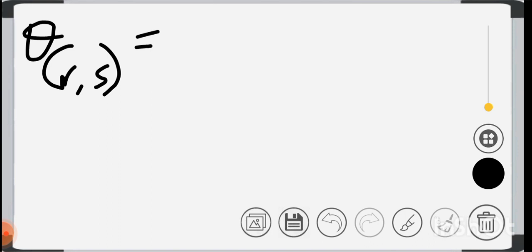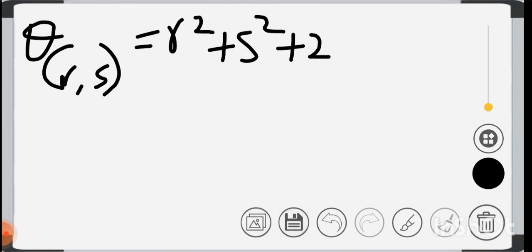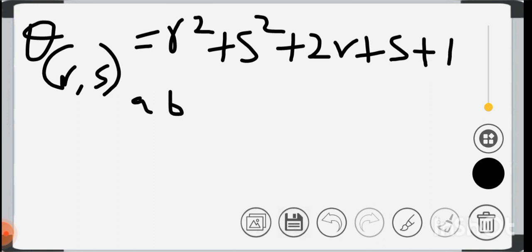So we have theta as a function of x and r: r squared plus s squared plus 2r plus x plus 1. Now this question we have to evaluate at this point, (1,3).